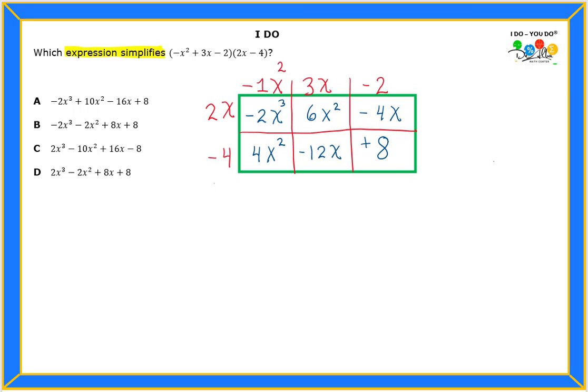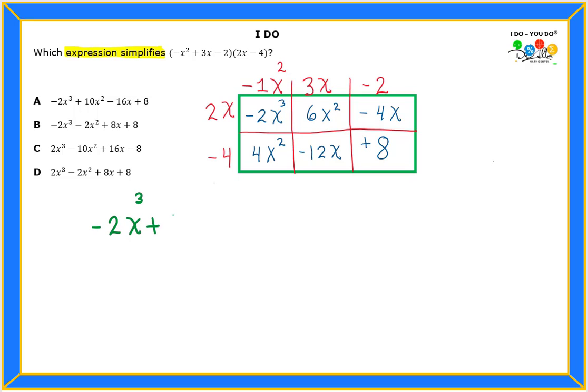I normally don't write down the positive, so you don't need it. I just wrote it right now because when I'm writing all my terms, I want you to see why I write a plus in there. Okay, so what do I do next? Well, we're going to need to bring every single term from the little boxes and write them down. So I'm going to start with negative 2x cubed, and I'm going to go to the right.